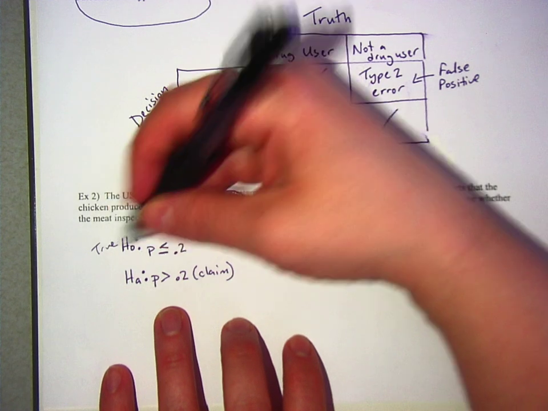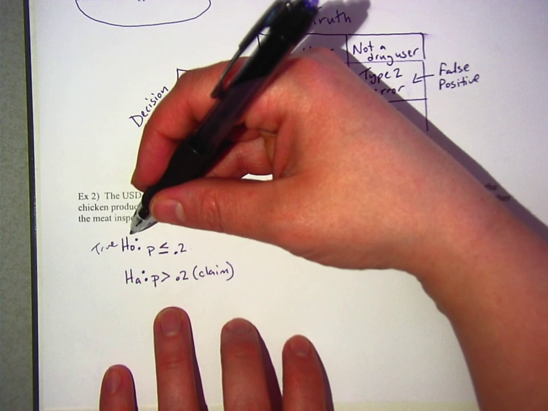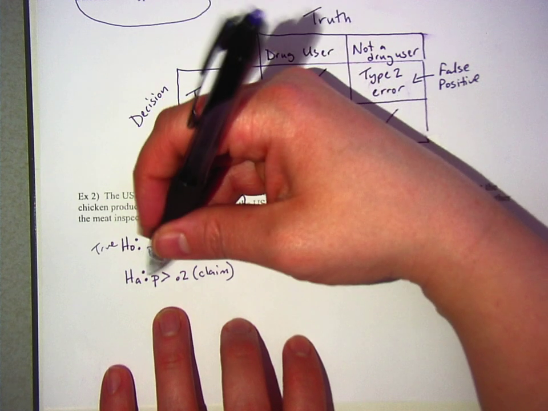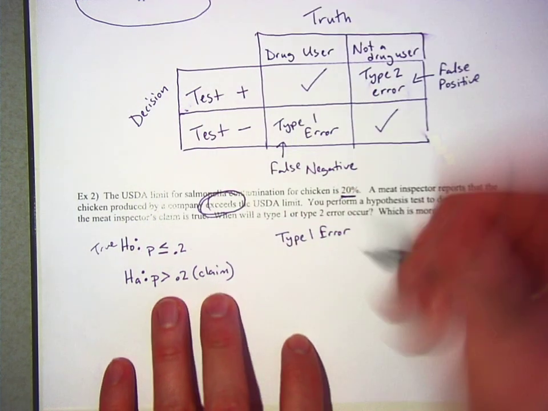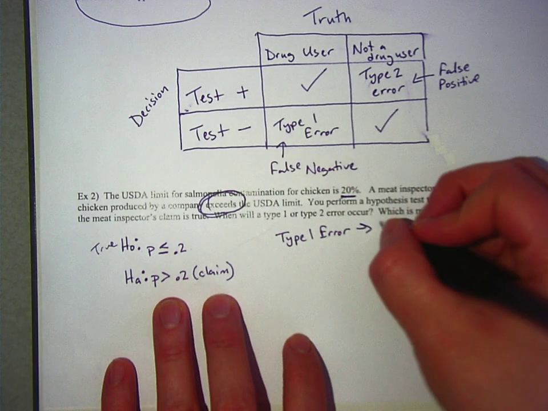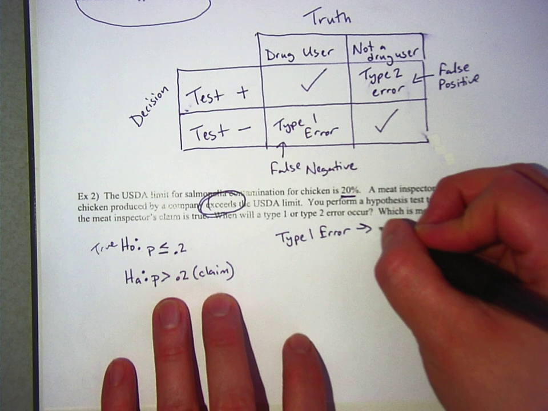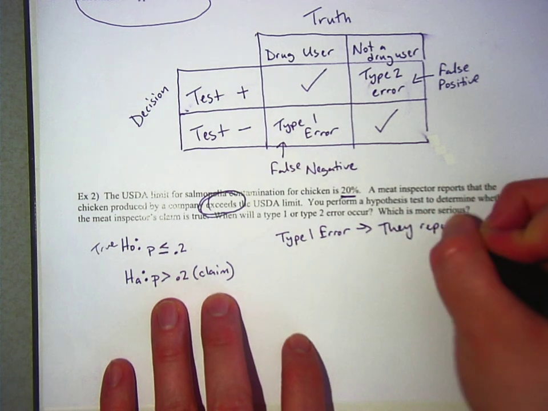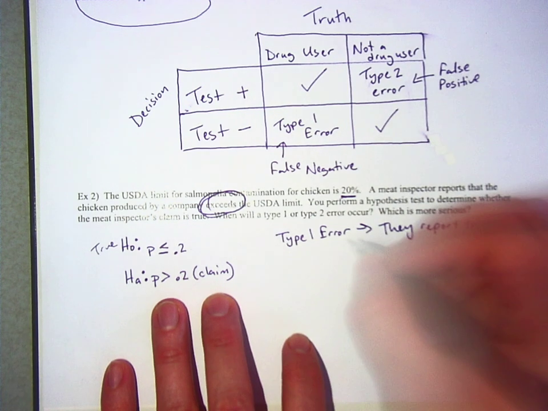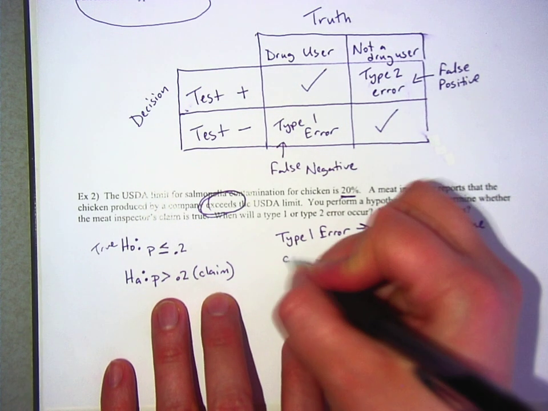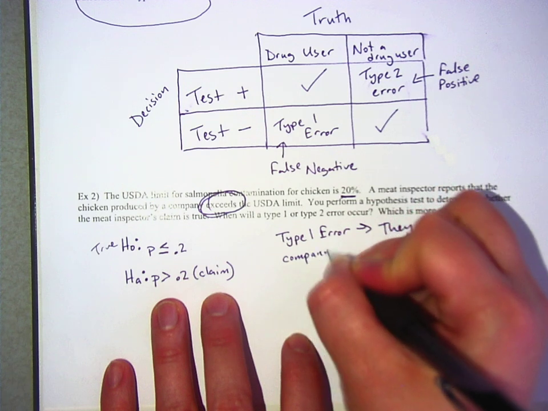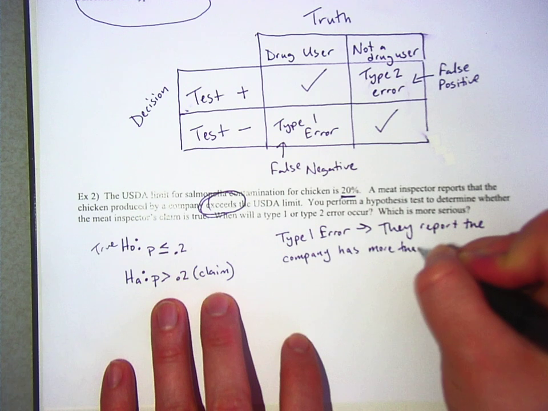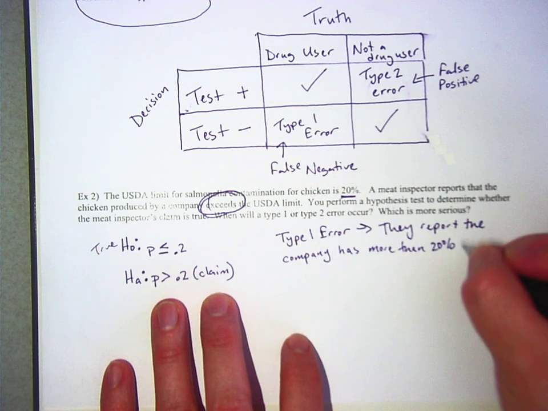But I get a weird test where they test a weird part of the counter, and it just so happens to be extra salmonella. And then they say that this is true. So type 1 error is they report the company has more than 20%, incorrectly.